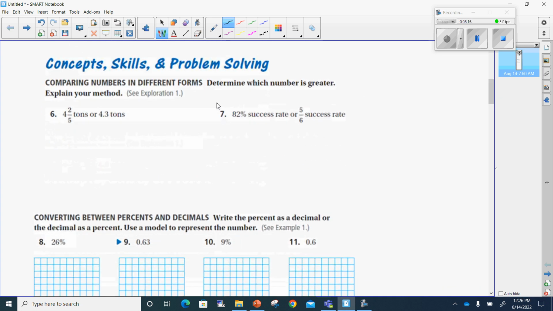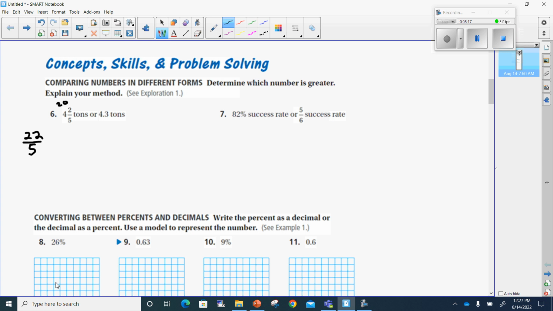Comparing numbers in different forms, determine which number is greater. To do this, I have to put them in the same form. I'm going to put them as decimals because that's the easiest for me to read. 4 2/5, I have to turn into a decimal. There's two ways to do this. I can either go around the world and say 5 times 4 is 20, and 20 plus 2 would be 22 over 5.